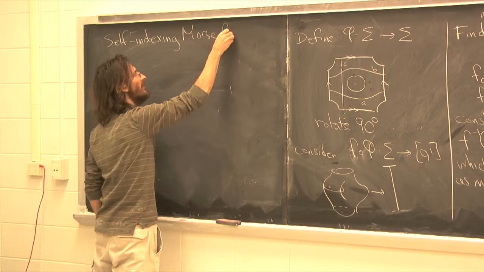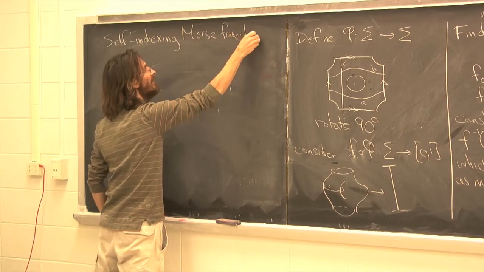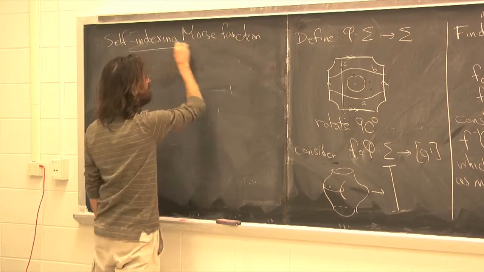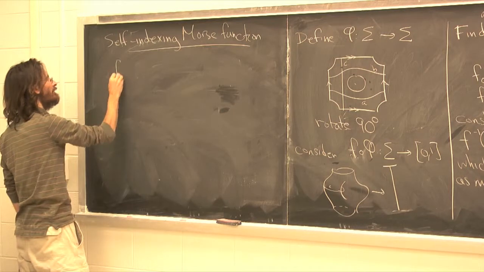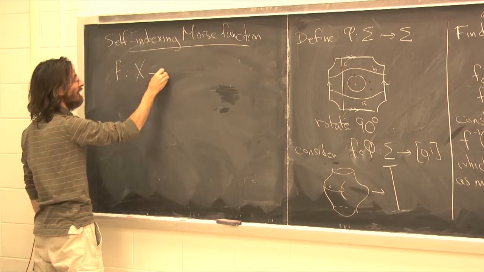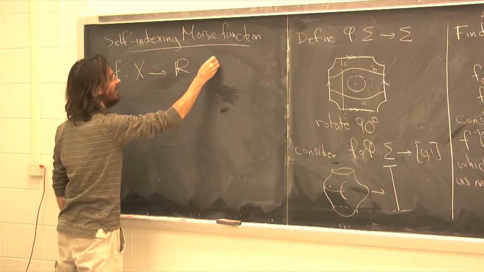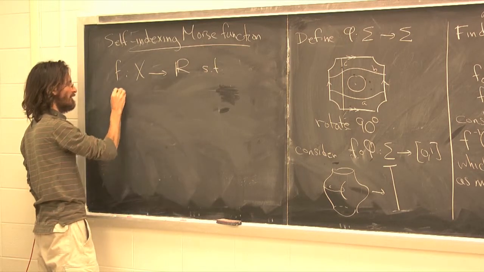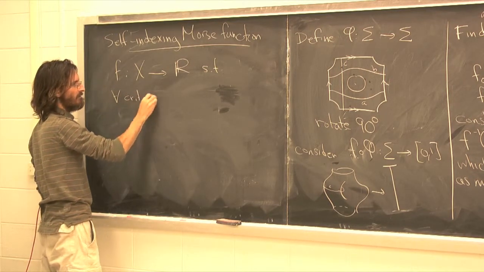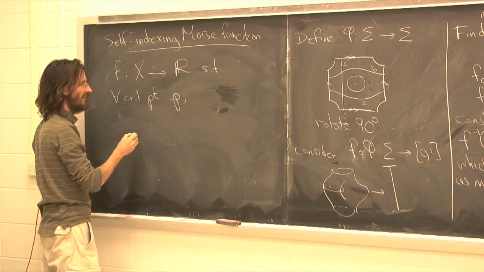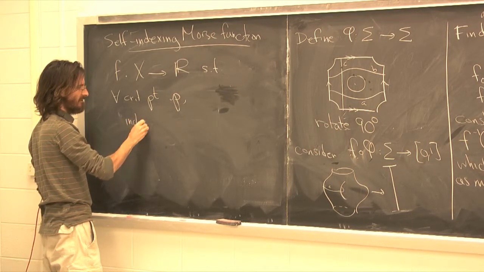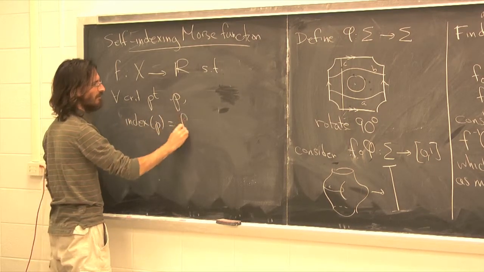Especially 3-manifold people like to talk about these. And so the self-indexing Morse function is f from X to R such that for every critical point p, the index of p is equal to the value of p.